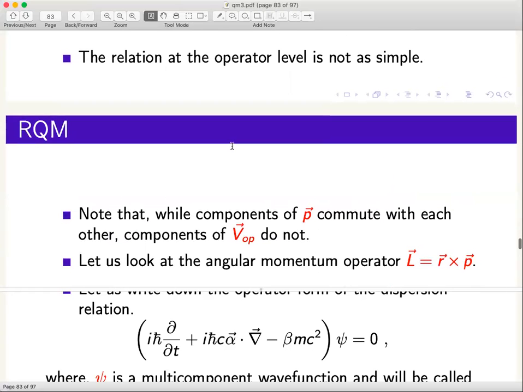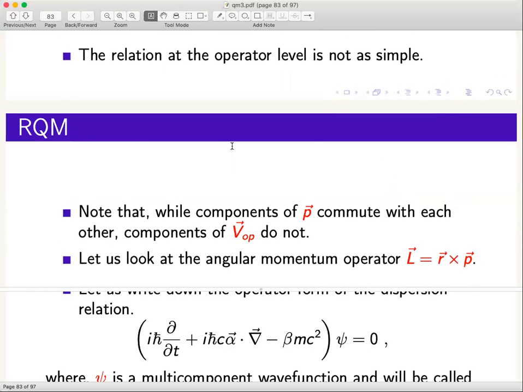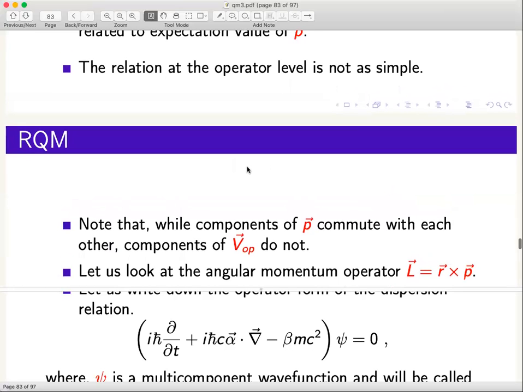Let's try to understand the velocity operator further, and see how it behaves. Remember we have said that the anti-commutator of alpha mu and alpha nu is delta mu nu, but the commutator is not so simple a quantity. You actually have to write down alpha mu explicitly in matrix form and study their commutator. We will later study the commutators of gamma matrices, for example, but the velocity operator is written in terms of alpha matrices.